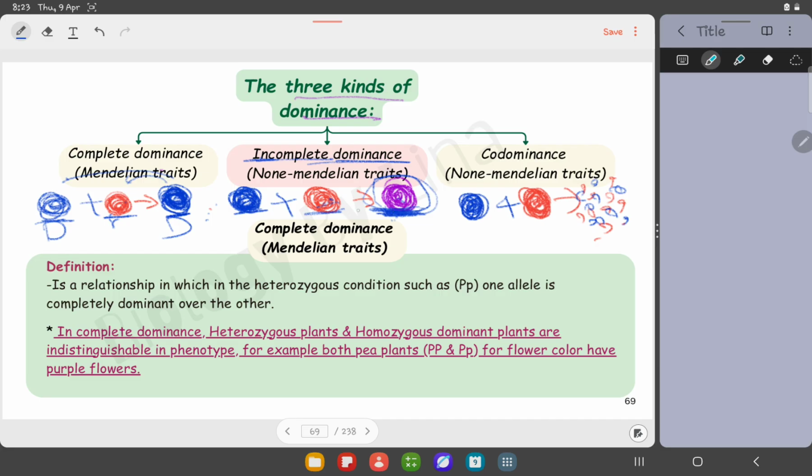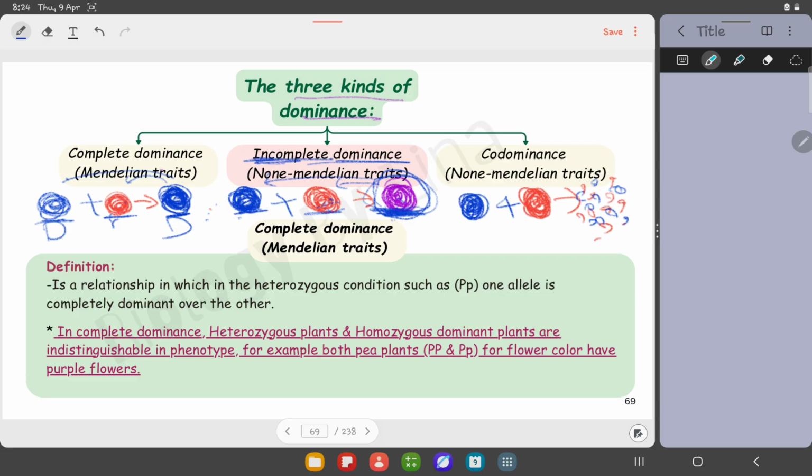So this is when you blend or mix both these two parents, and the result will not resemble any of the parents. Instead, we mix or blend both of them, and we get another trait which is intermediate or in between the two parents. This is named as incomplete dominance.